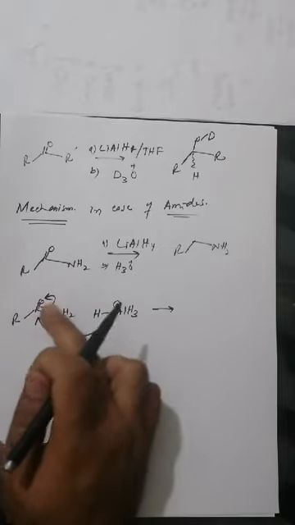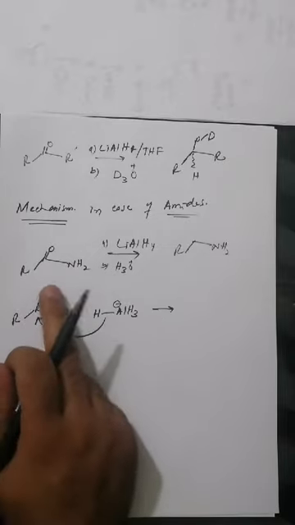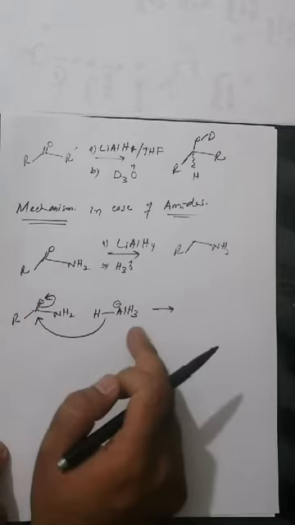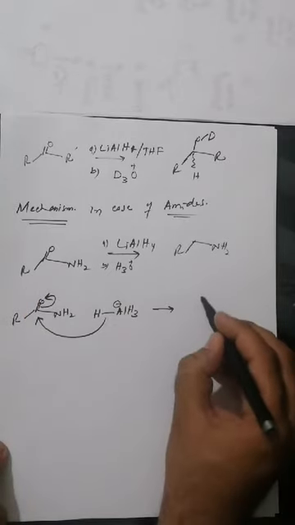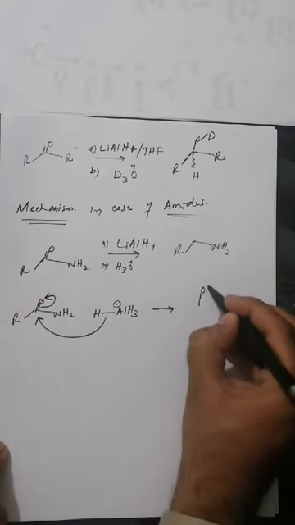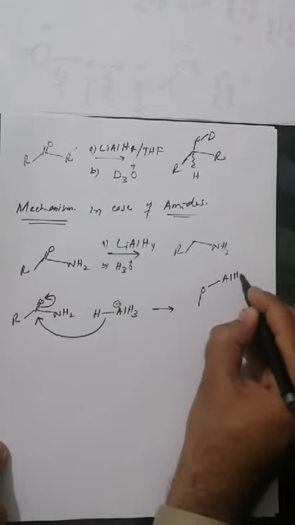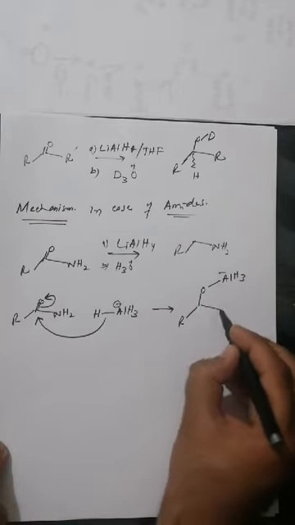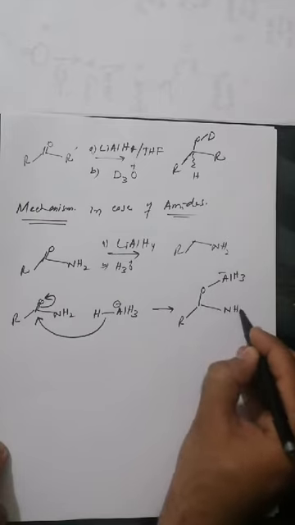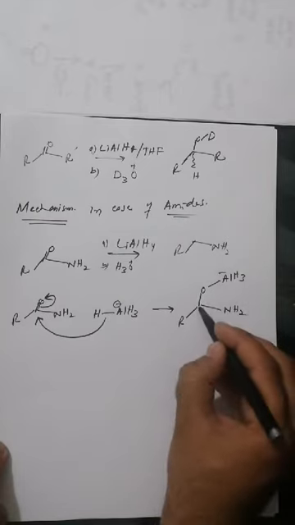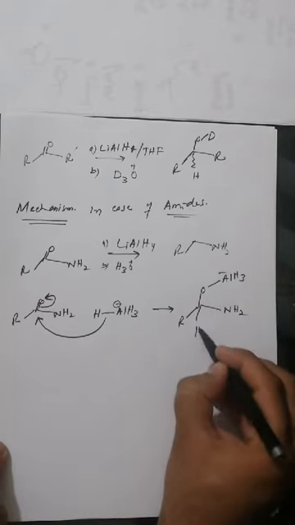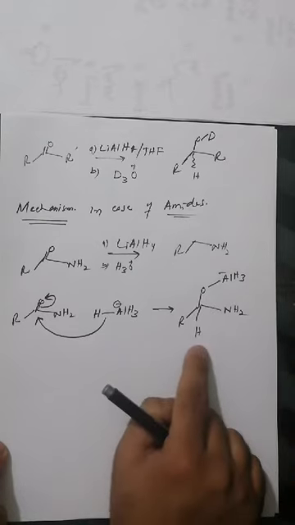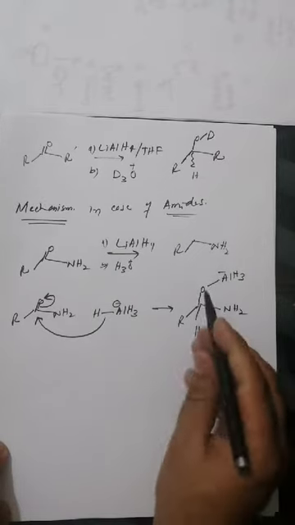Oxygen gets a negative charge, and that negative charge, the oxide ion, attacks AlH3. So finally, you get this intermediate, and this hydrogen now came from lithium aluminum hydride.